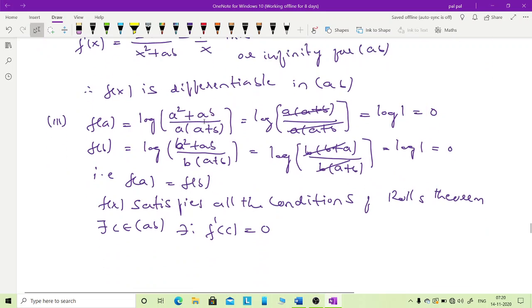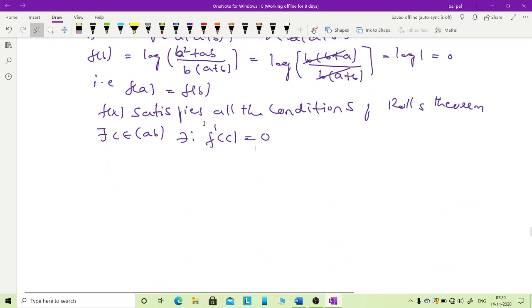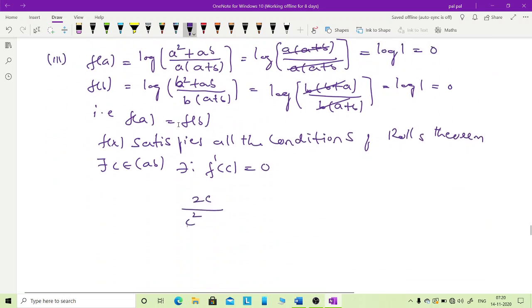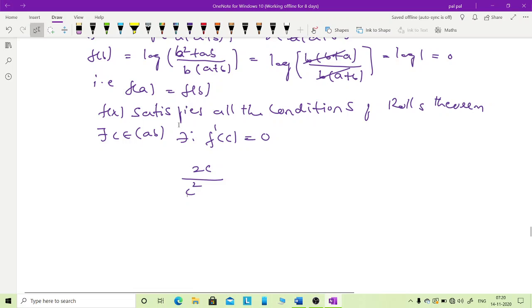f dash of C is 2C by x square plus ab. x square means C square, so C square plus ab, minus 1 by x, that is 1 by C, is equal to 0.